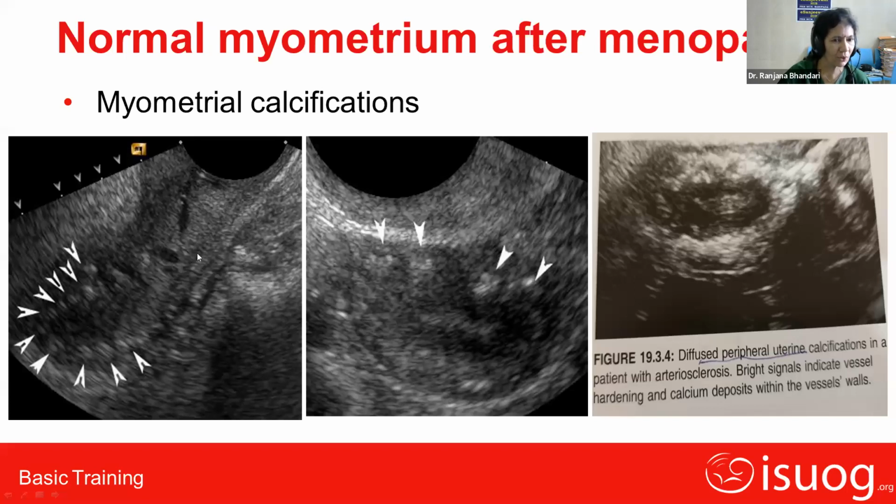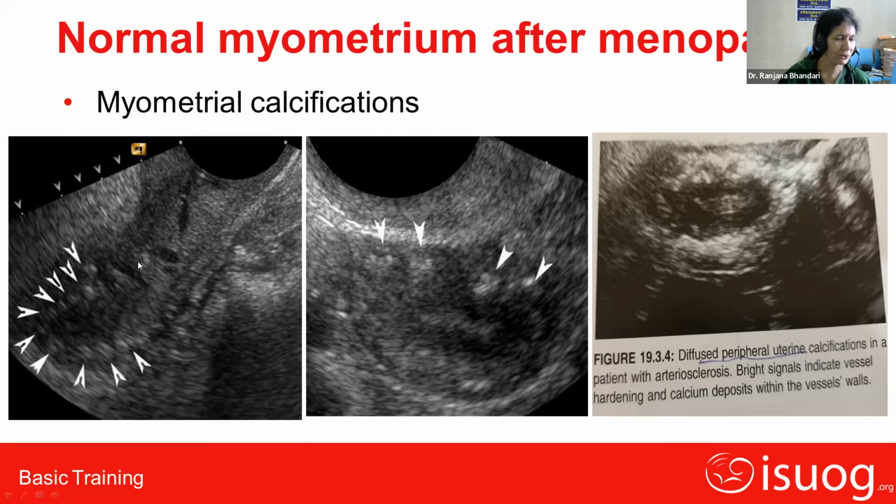I had shown you the arcuate artery separating the outer and the middle third. This is the arcuate artery blocked. In postmenopausal cases, the uterus is now of no use, so they get blocked with calcifications. Therefore, the arcuate artery gets blocked with calcification, and we get this type of view.